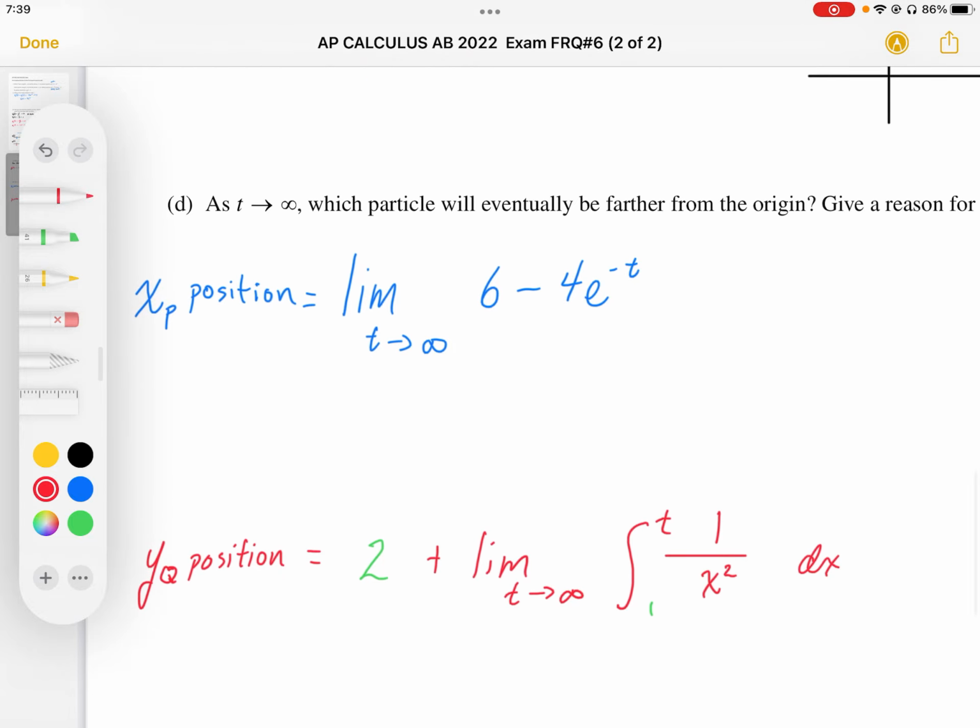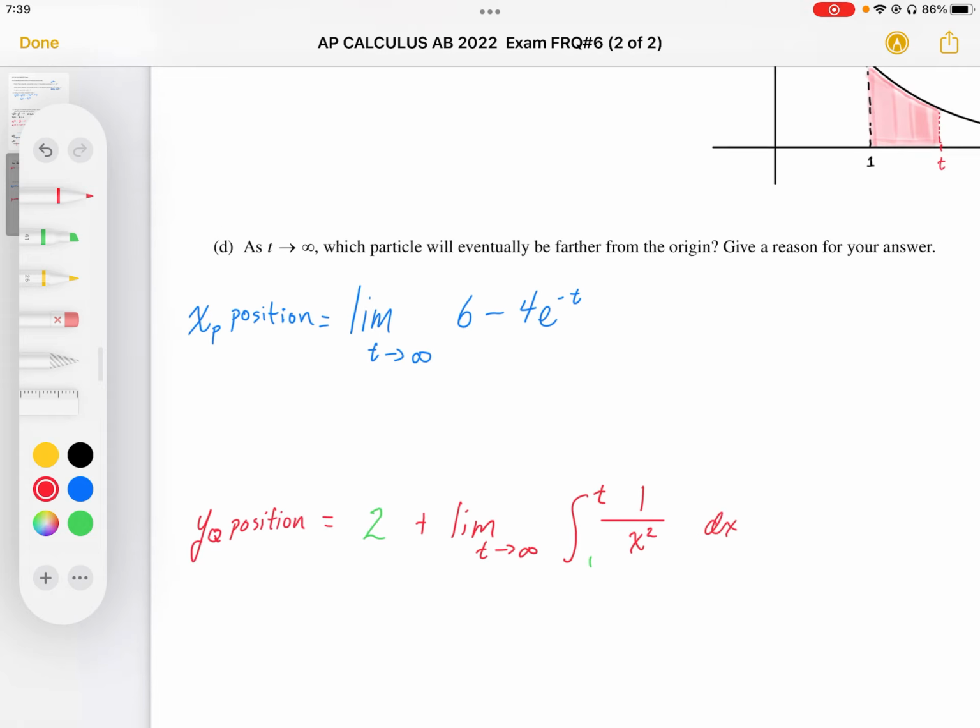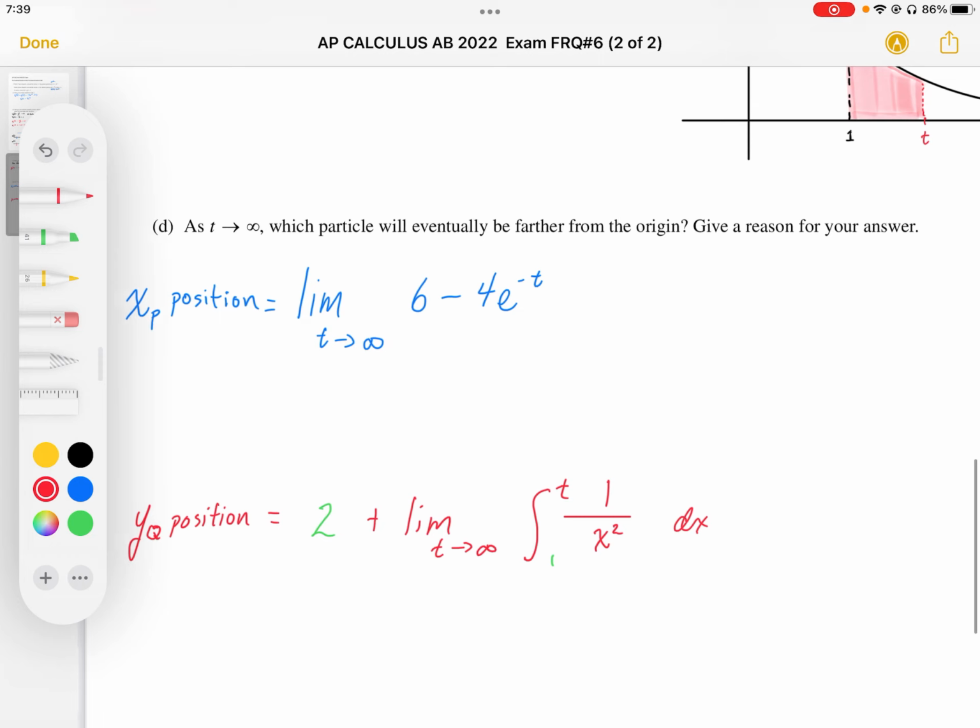For D, it says, as t goes to infinity, which particle will eventually be farther from the origin? And give a reason for your answer. So essentially we want to know the x position and y position as t goes to infinity. Well, for the x position, we've been given the function 6 minus 4e to the negative t, and we just want to know what happens as t goes to infinity.